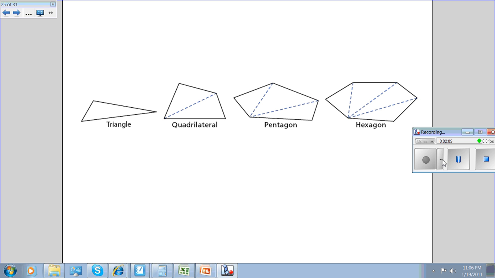You can start to see a pattern here. If I have four sides, I have two triangles. Five sides, three triangles. Six sides, four triangles. So how many triangles would a seven-sided or eight-sided or even a 90-sided polygon have?